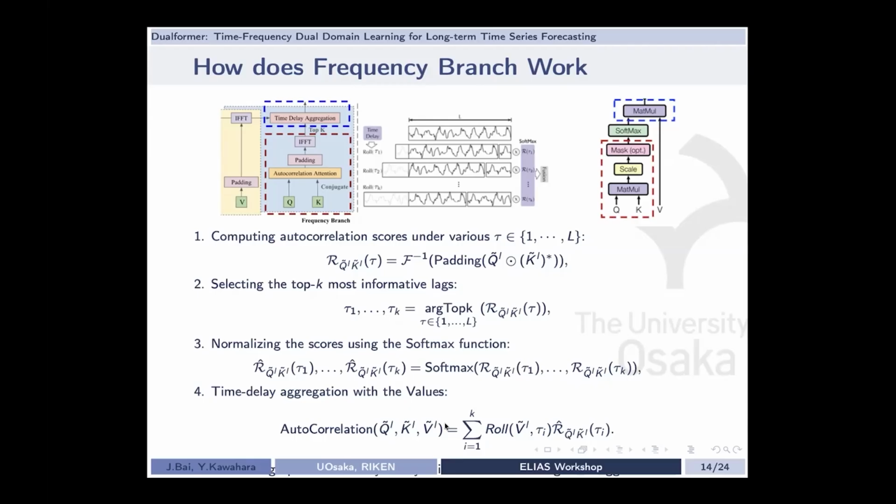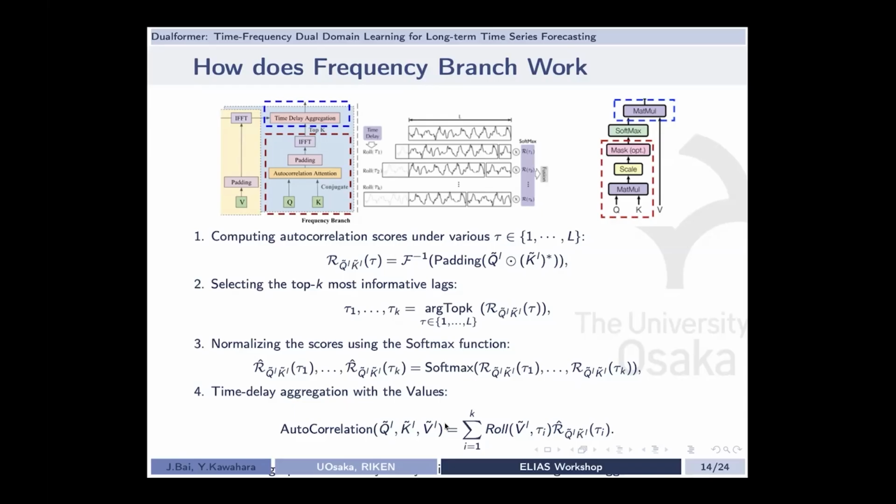To align with the current time step of our query Q, we use a rolling operation, which simply cyclically shifts the value V to align with the current Q. This is called the rolling operation, and we can do the time delay aggregation with the values. And we get the final autocorrelation score like this.